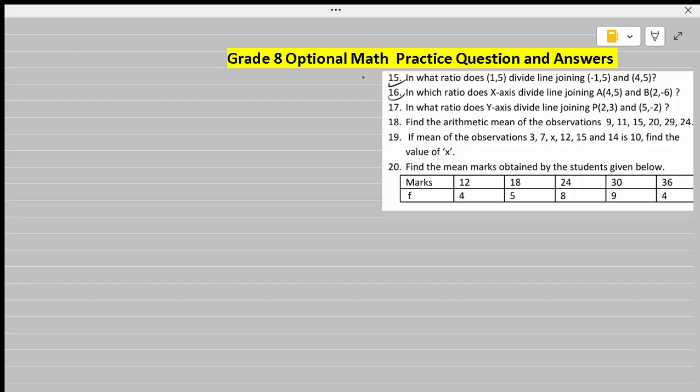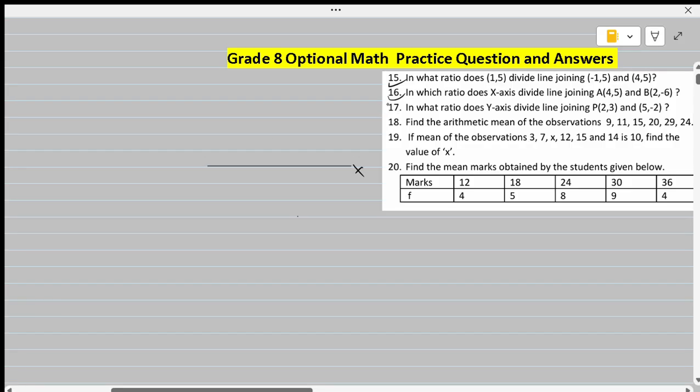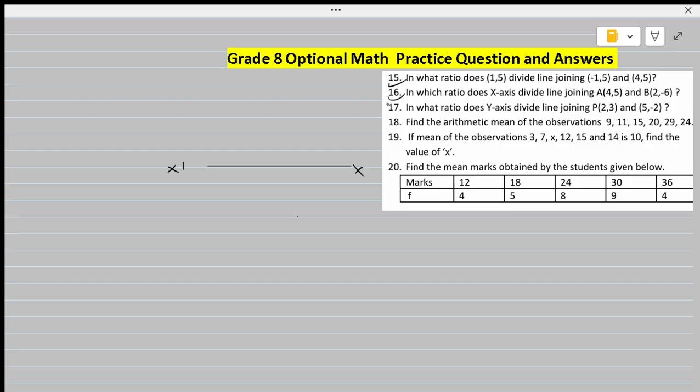Alright, so what does it say here? In which ratio does the x-axis divide the line between 4, 5 and 2, -6? So the x-axis is the one which is, no sorry, horizontal. So over here is the x-axis, and the line joining the points 4, 5, I'm keeping here, and another point is 2, -6, I'm keeping here down.